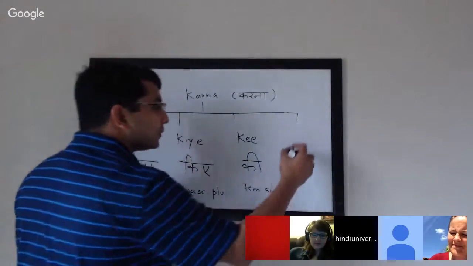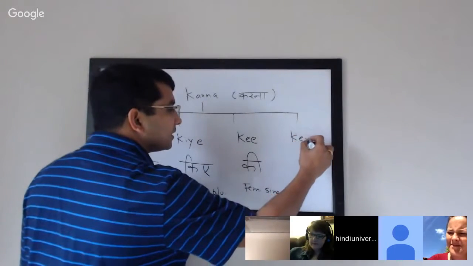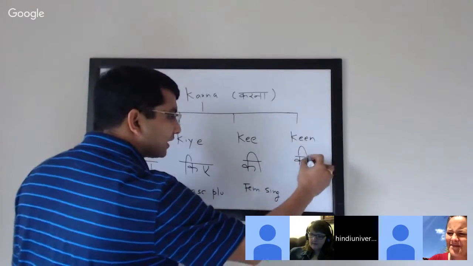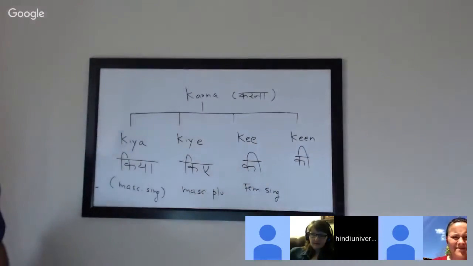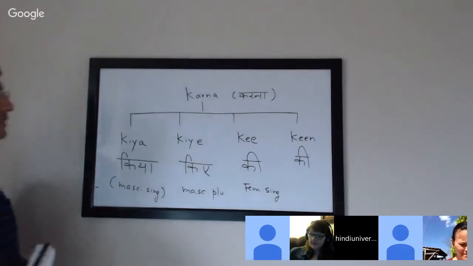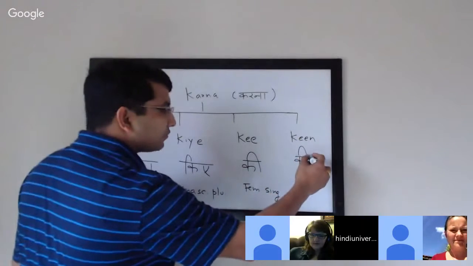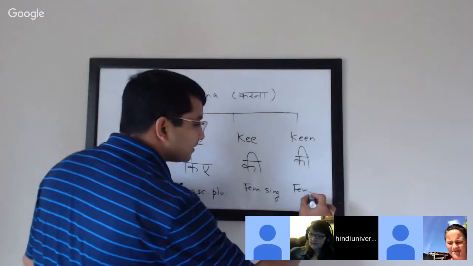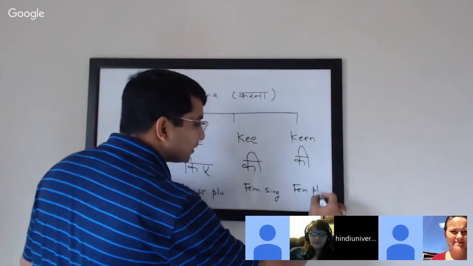The last one is also ki, the same but with a dot, a nasalized sound, and you use it for feminine plural.